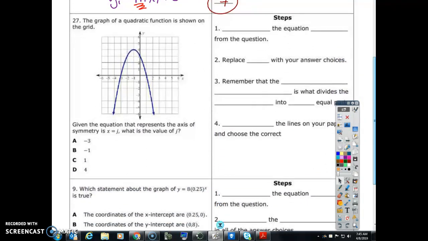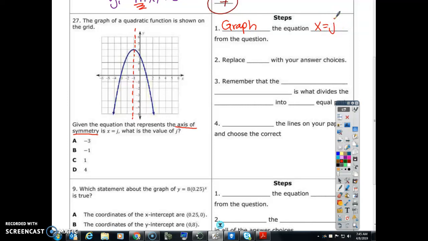On the next one, it's asking for the axis of symmetry. The axis of symmetry. So if I draw the axis of symmetry, this is what it looks like. What number is it going through? -1. So what you should have done is you should have graphed the equation x equals j.